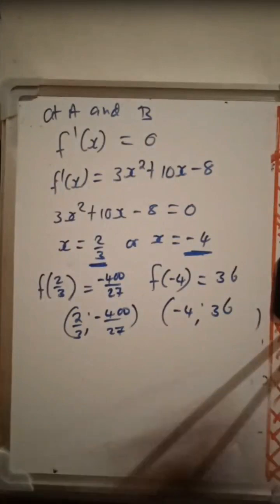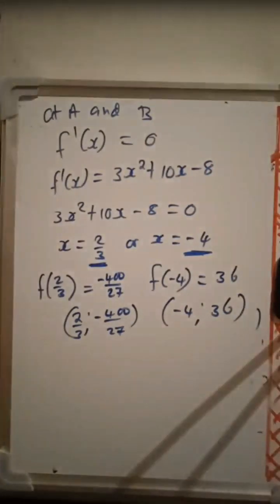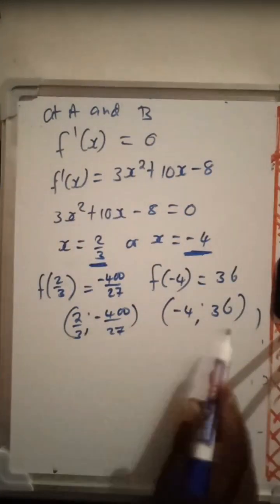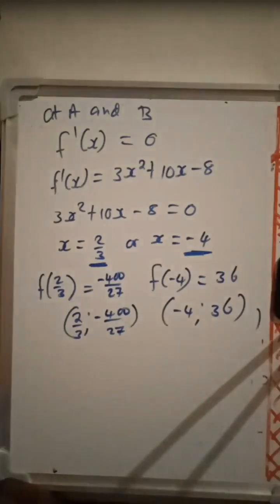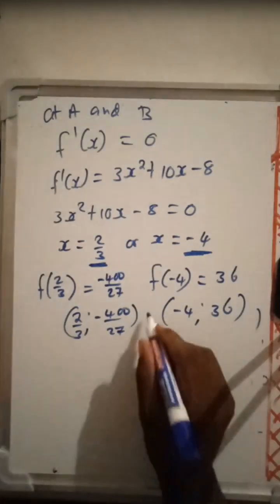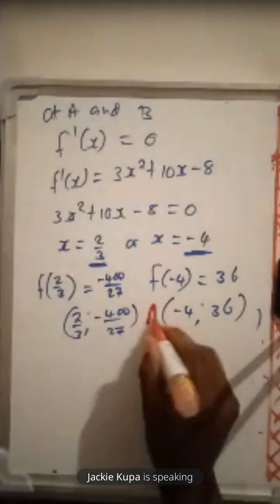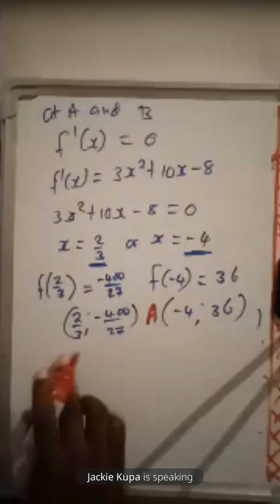So comparing between A and B there, which one is A and which one is B? Can somebody tell me? I think this one is A, because remember A, the x is minus 4 and 36.